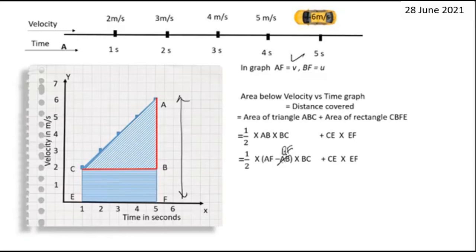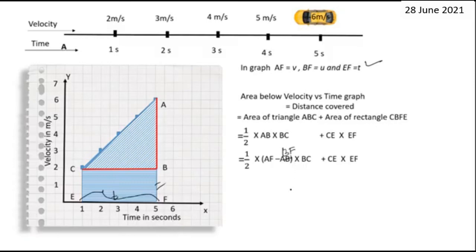Please consider this AB as BF. AF is V and BF is U. Right? This is V, this is U. So here again it's BF. And what is EF? EF is T, it's the time axis. So this you have to mention.